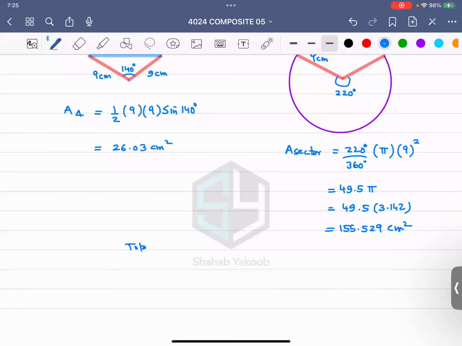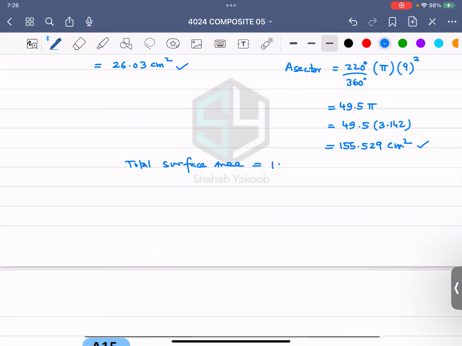Therefore, total surface area is the addition of this and this. So 26.03 plus 155.529. That comes out to be 181.56 centimeters square, that is 182 centimeters square.